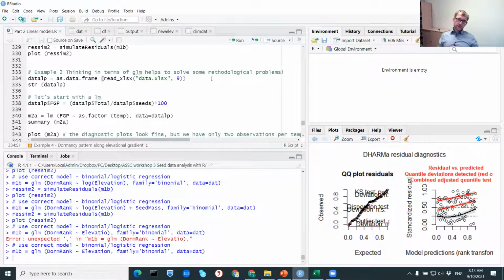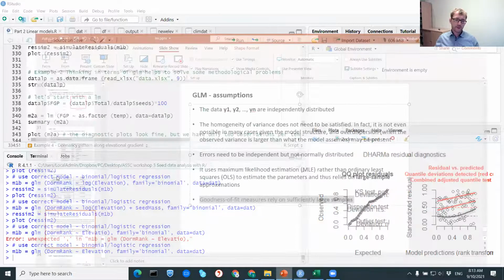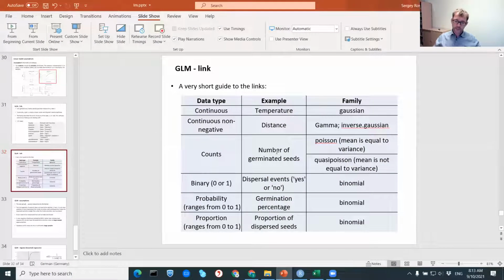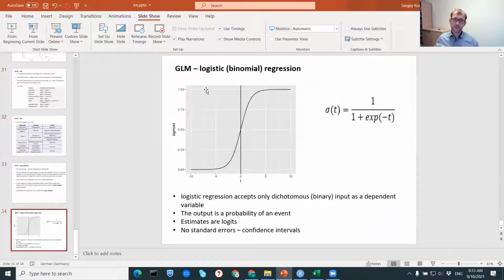The good thing about this GLM approach is that it deals with data in very different formats, right? Counts, proportions, probabilities, and so on. And when you're familiar with this approach, you can actually solve some old, well-known methodological issues in seed ecology and biology. So the next example is about logistic or binomial regression.